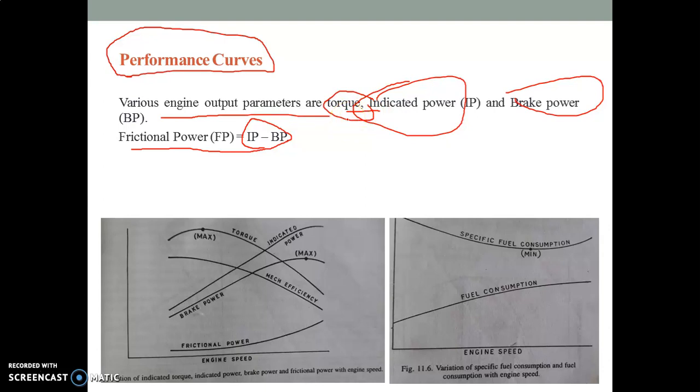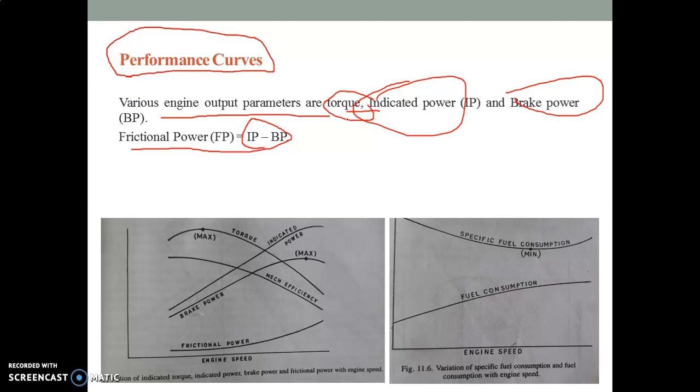As frictional power becomes a larger proportion of the indicated power with the increase of speed, the brake power curve drops more rapidly compared to the indicated power curve. So it is observed that engine speeds for maximum torque and for maximum power are not the same.